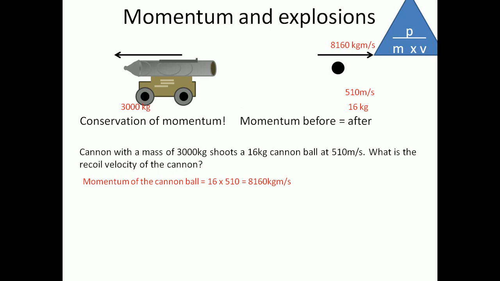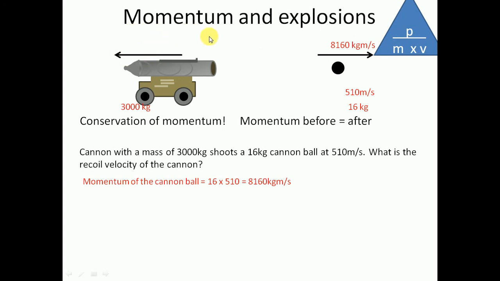However, once the cannon shot the cannonball, the cannonball quite clearly has a momentum of 8,160 kilogram meters per second. Therefore, if the cannonball has a momentum of 8,160, then the cannon must also have a momentum of 8,160. Otherwise, there wouldn't be conservation of momentum.